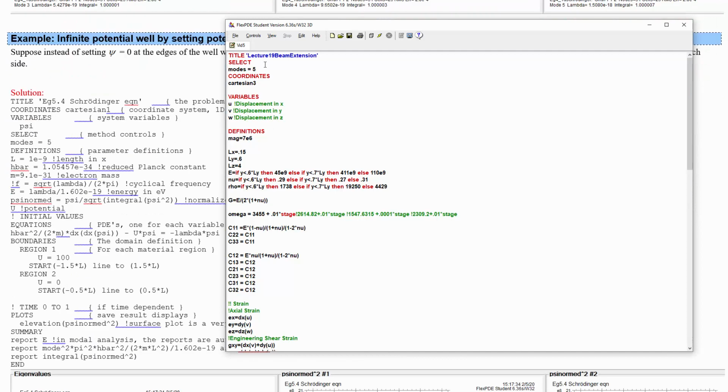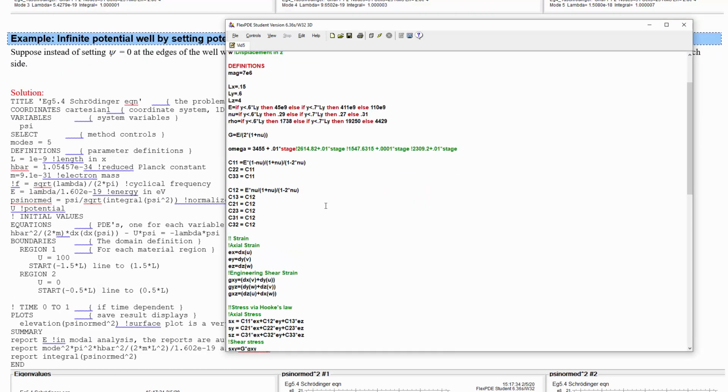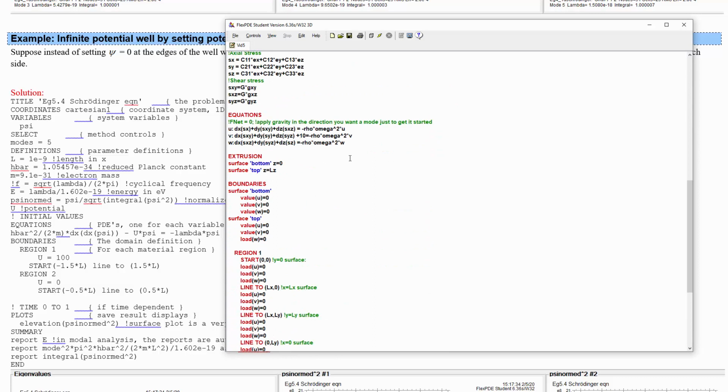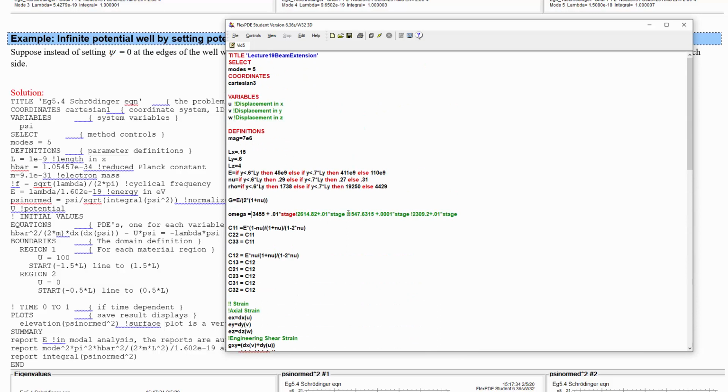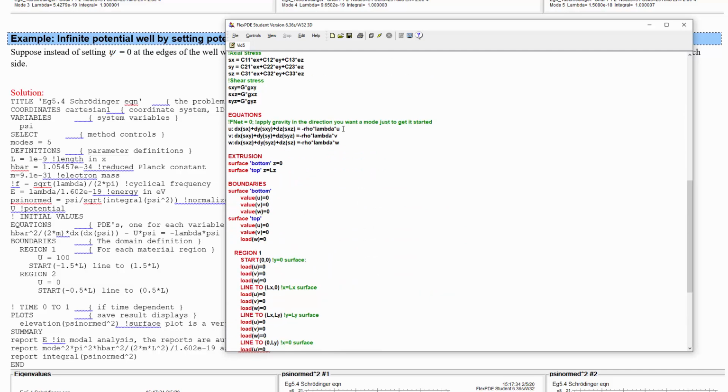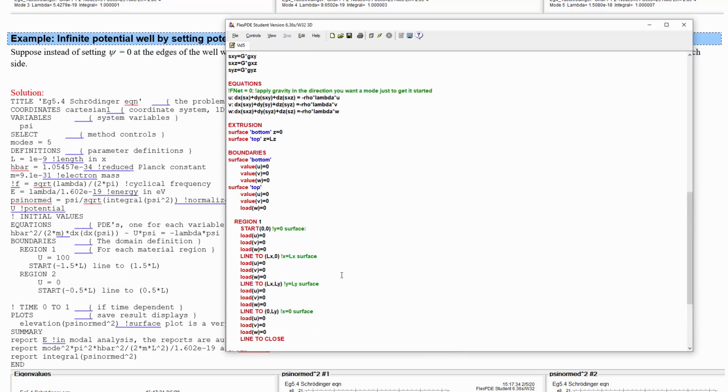We need to set some eigenvalue, so we'll specify lambda somewhere rather than omega. And then we can determine what omega is by saying that it is equal to the square root of lambda, because that's sort of what we replaced it with. Instead of omega squared, we had lambda there, and now we should basically be good.